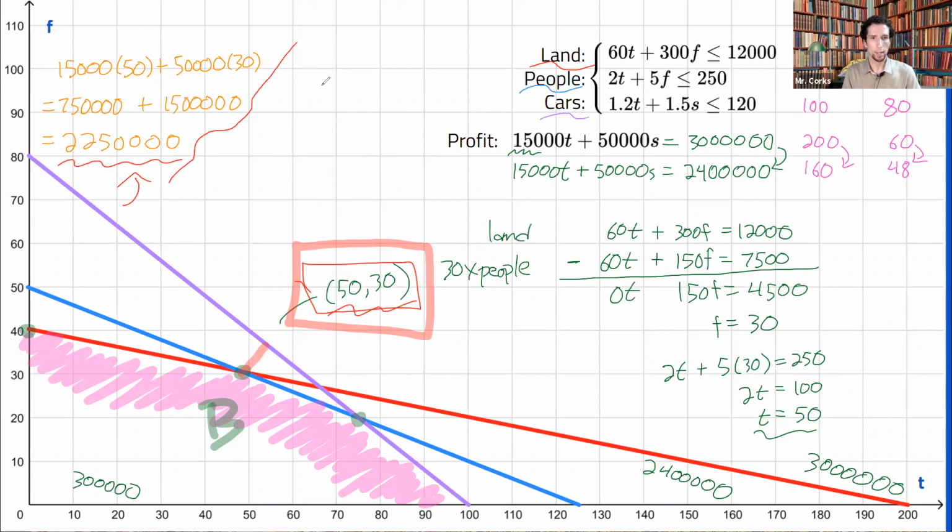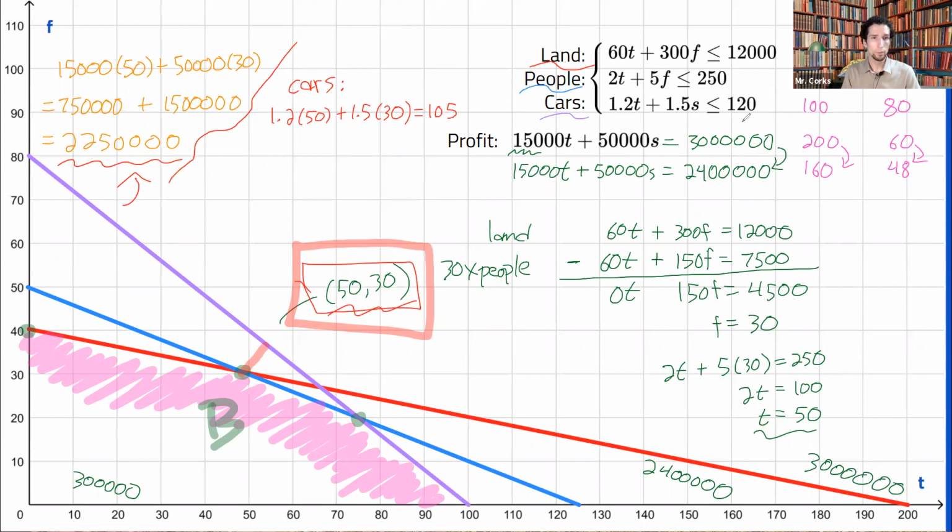Okay, so the cars here would be 1.2 times 50 plus 1.5 times 30. We work that out and it's 105. Okay. Is that right? Yes, 60 and 45.